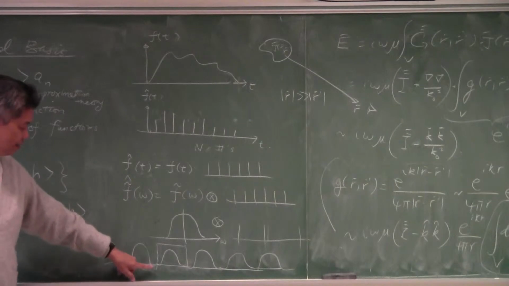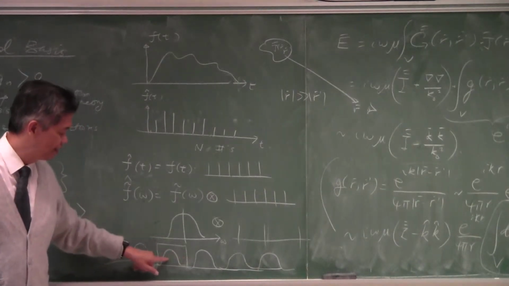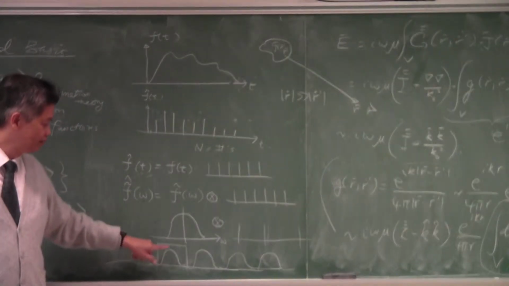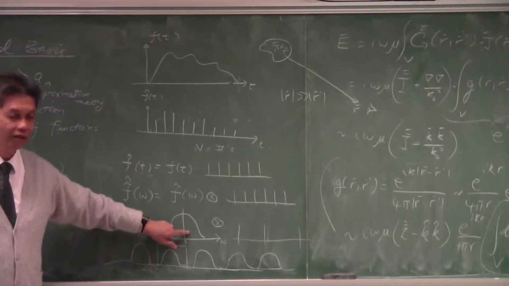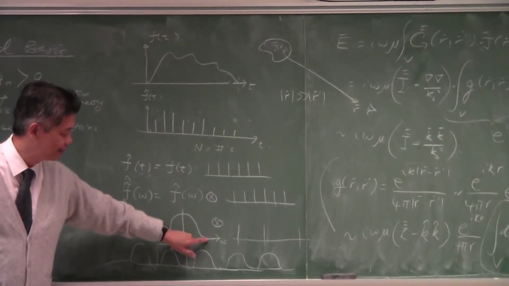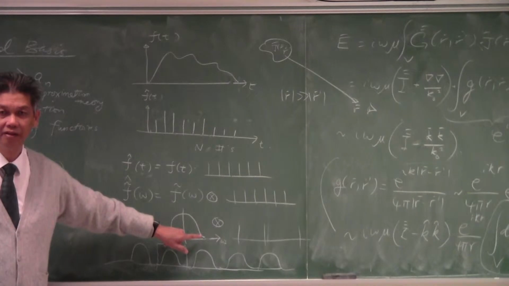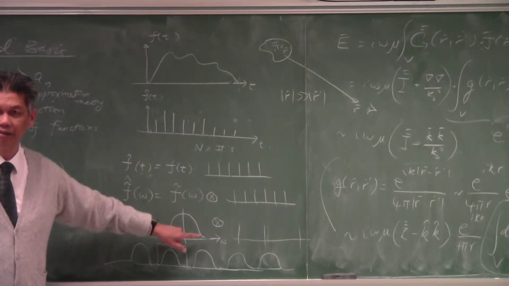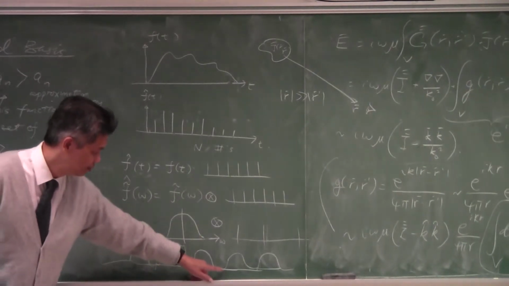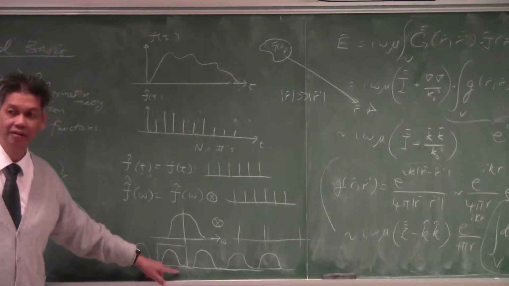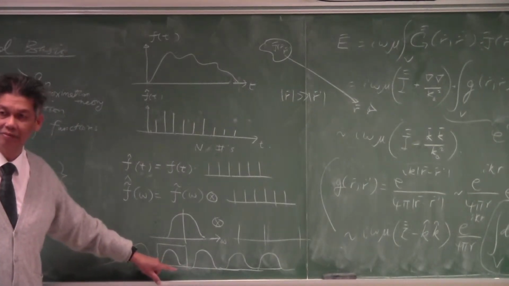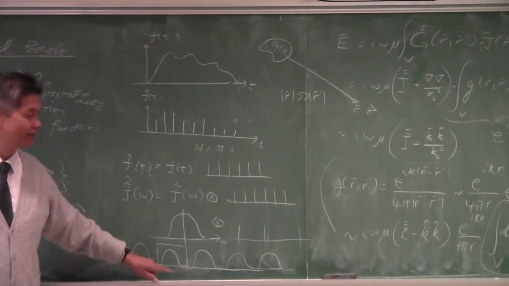Okay? But when is it that there's very little overlap between them? When this is band limited. If this is band limited, you can show that this tail is exponentially small. So the errors that you make are due to those overlaps, and those overlaps are exponentially small.